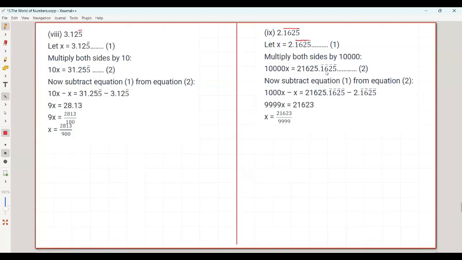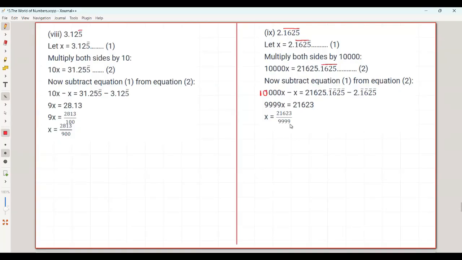So after the decimal point, here we have 4 digits. Here also we are having 4 digits. Now subtract 2 minus 1. So 10,000x minus x, we will be getting 9,999x. x is equal to, just subtract. We are getting 21,623.